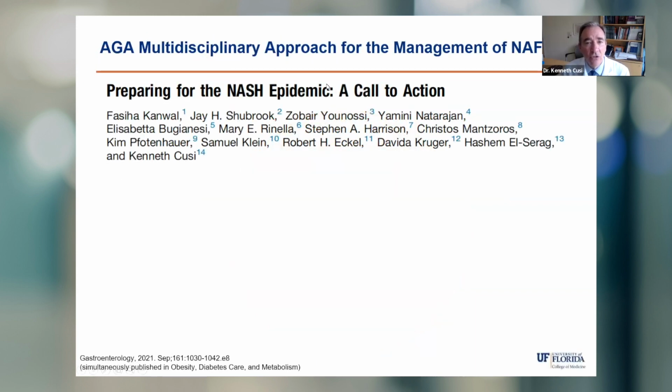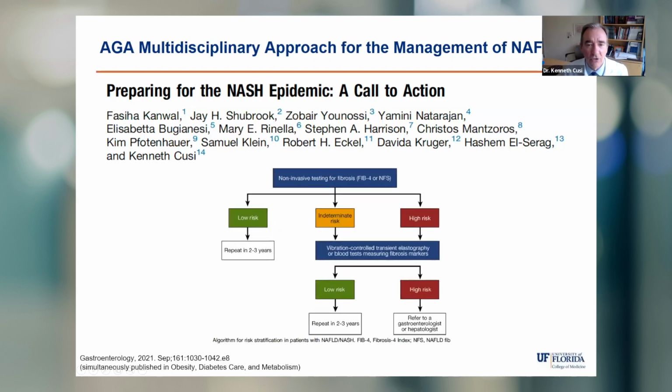The ADA collaborated with the American Gastroenterological Association in 2021 to create what we call a call to action. This call to action was published in Gastroenterology and 3 diabetes journals: Obesity, which is the Journal of the Obesity Society; Diabetes Care, which is the official journal of ADA; and Metabolism, another prestigious journal.